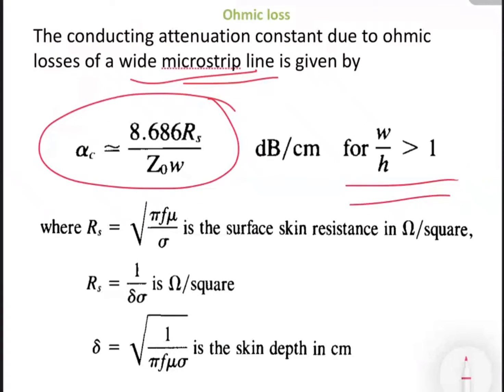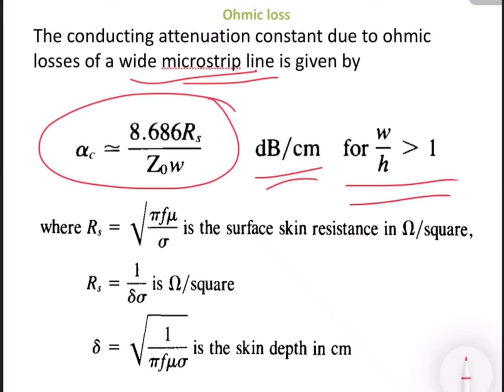Okay. The ohmic loss can be found in a parallel strip line and a microstrip line as well. The conducting attenuation constant due to ohmic loss in a microstrip line is calculated by alpha c equal to 8.686 Rs divided by Z0 into omega, in dB per centimeter. And this condition to find the attenuation constant will hold good only when W by H is greater than 1.